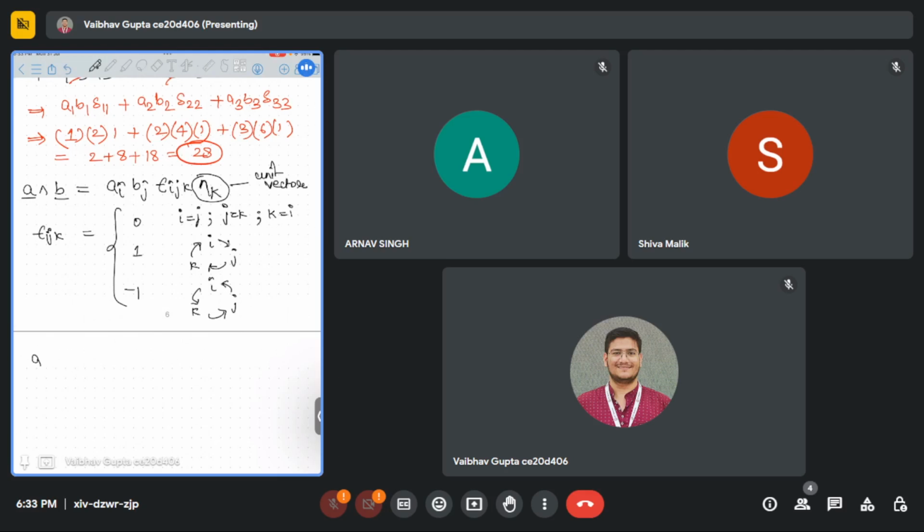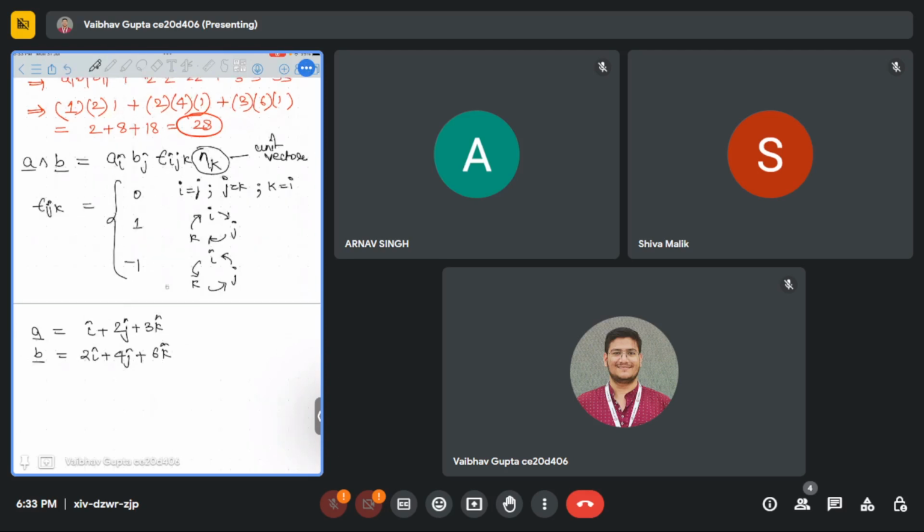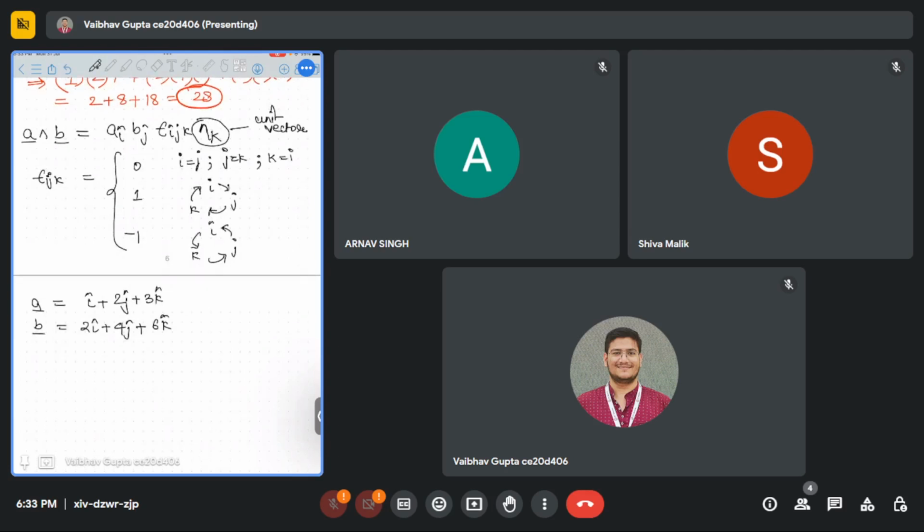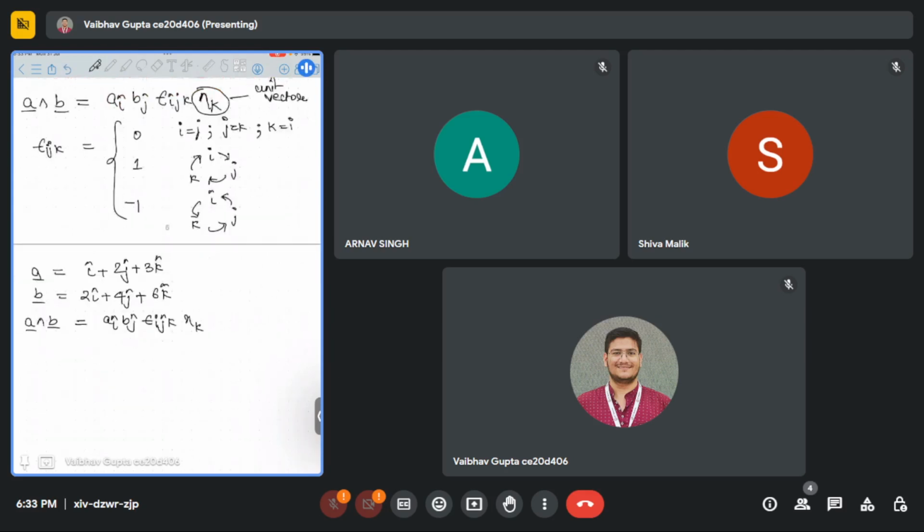So suppose we have example A as i cap plus 2j cap plus 3k cap, B as 2i cap plus 4j cap plus 6k cap. We'll take this example. So we'll write one by one. What is A cross B? It is a_i i cap, b_j j cap, epsilon ijk and eta k. Okay.